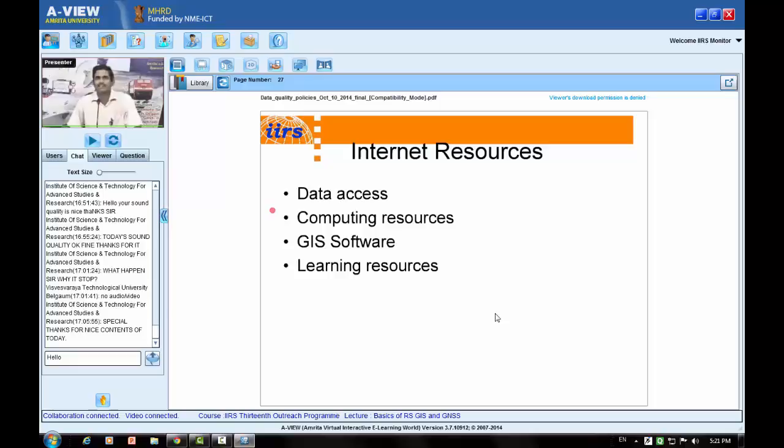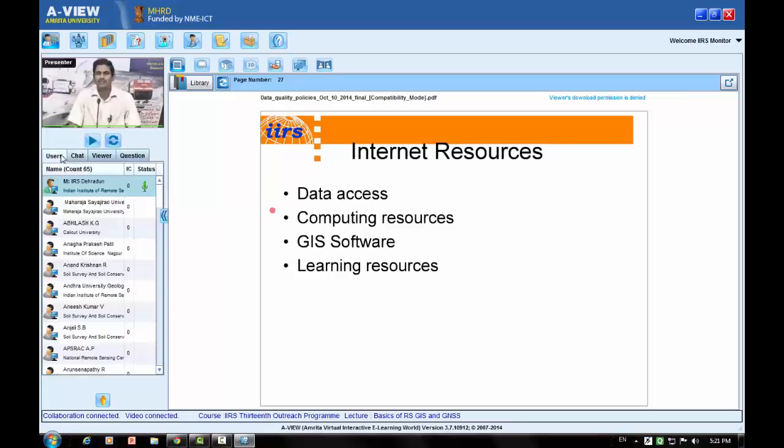The final policy is internet resources. Nowadays, we have a lot of internet resources available. As far as data is concerned, if you talk about satellite data, field data, census data, meteorological data, the data is available. Somewhere it is freely available, somewhere at minimum cost, somewhere at actual cost.